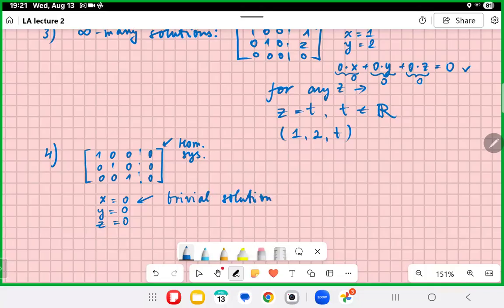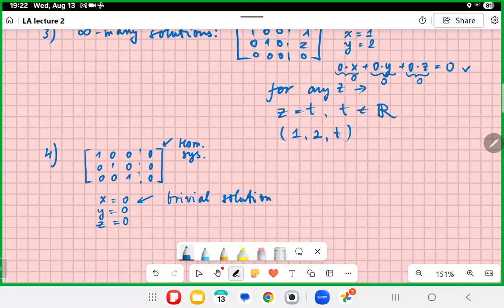What is a trivial solution? A trivial solution is a solution of a homogeneous system which consists of all zeros. Usually this solution is always present. Any homogeneous system has a trivial solution. Why?